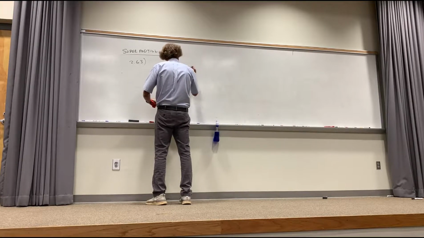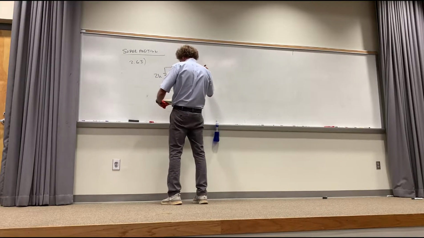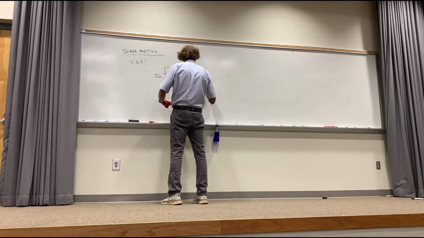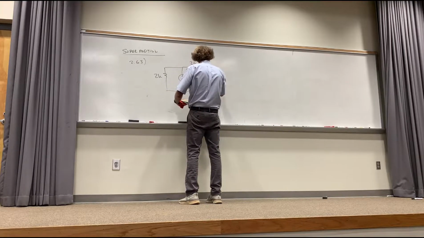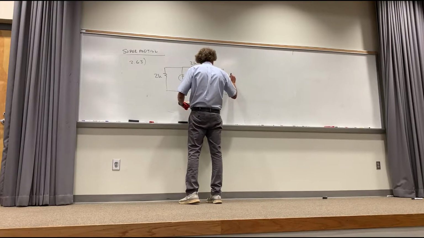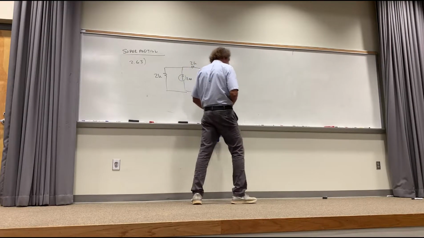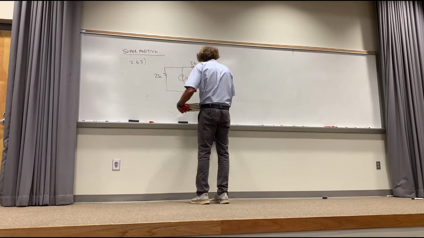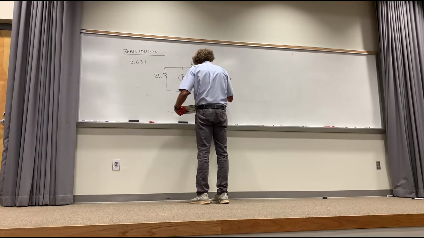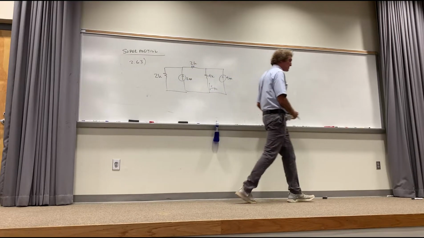And then you have 2 k ohms here. Then you have 4 k ohms here. And then you have 4 milliamps here. That's the problem. And they want this current. They want the current through the 4K. That's the current they want.